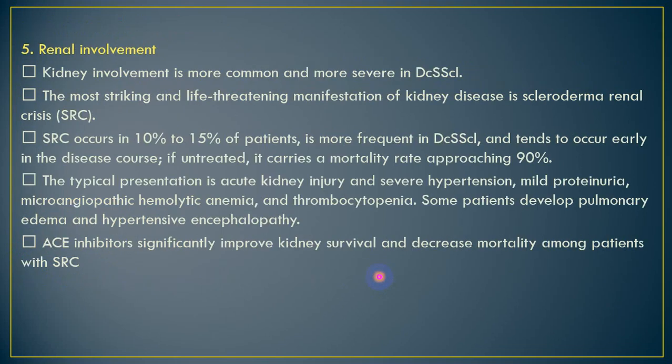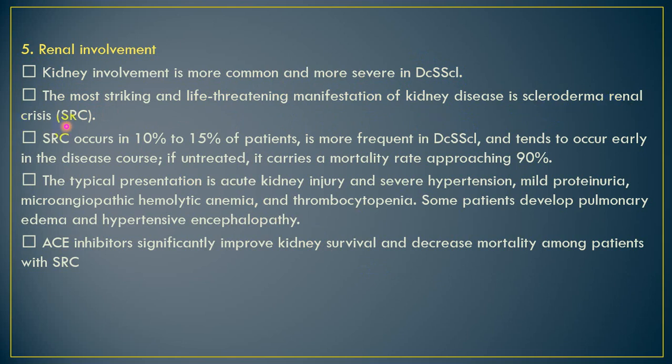Renal involvement is very important, as it may be the leading cause of death in patients with systemic sclerosis. Kidney involvement is more common and more severe in the diffuse type of systemic sclerosis. The most striking and life-threatening manifestation we call scleroderma renal crisis.